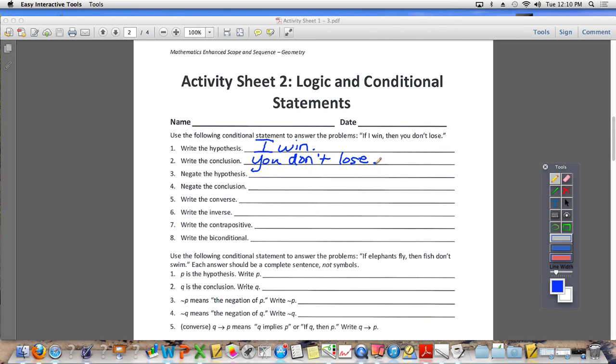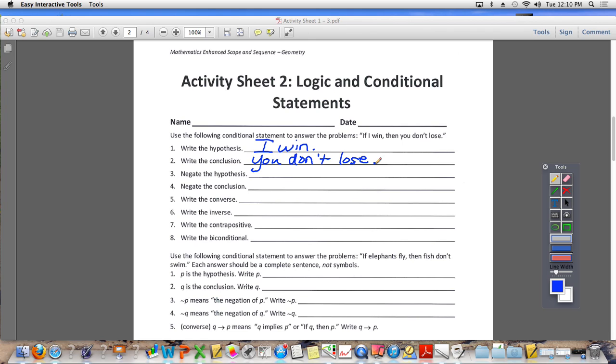Negate the hypothesis. So look back at your definitions. What does negate mean? What do you have to do to negate something? You either add the word not or you take it away. So is the word not in the hypothesis right now? It is not. It says I win. So how am I going to negate that?